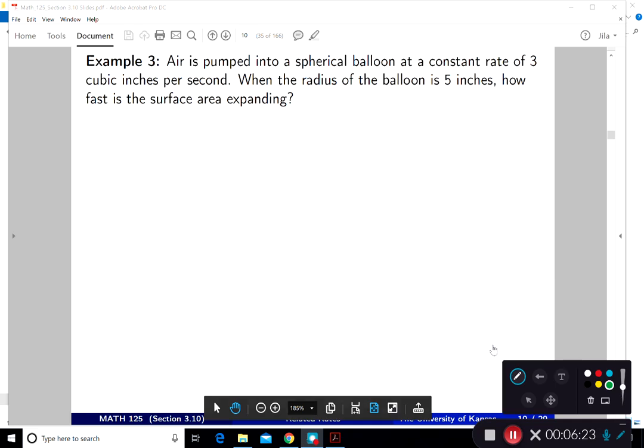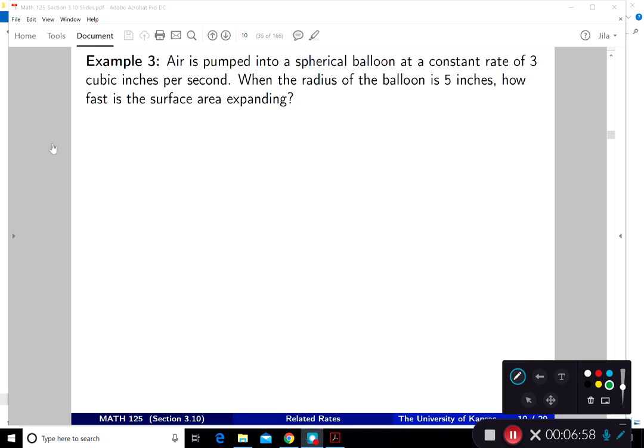How fast the surface area is expanding is important when you know the balloon is going to pop. And so I can look at the radius of the balloon and have a guess when it's going to be popping. This is interesting in that way, and we figure out when we're supposed to stop or when we shouldn't pump anymore.